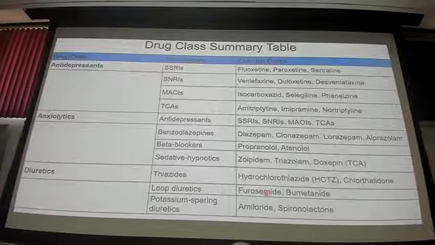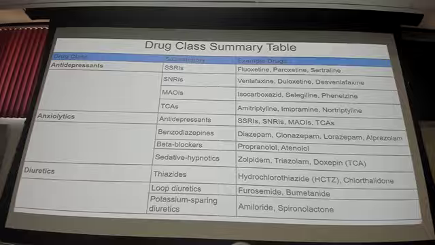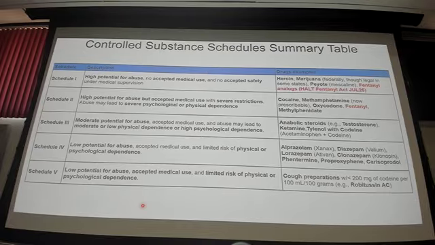All right, and then these summary tables we talked about, just to introduce you guys to the different names of the many different drugs that you will be learning to treat depression, anxiety, and blood pressure issues. Here, I will focus on this table, and then also the controlled substance summary.